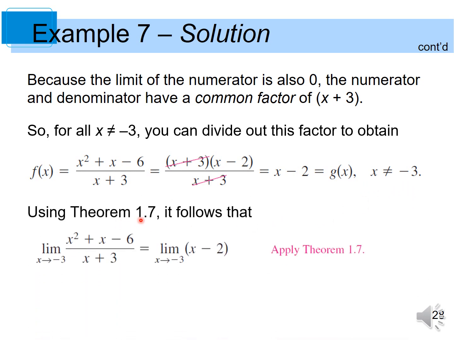And using theorem 1.7, the limit of x squared plus x minus 6 over x plus 3 equals the limit of x minus 2. And when we perform the direct substitution, the limit is equal to negative 5.